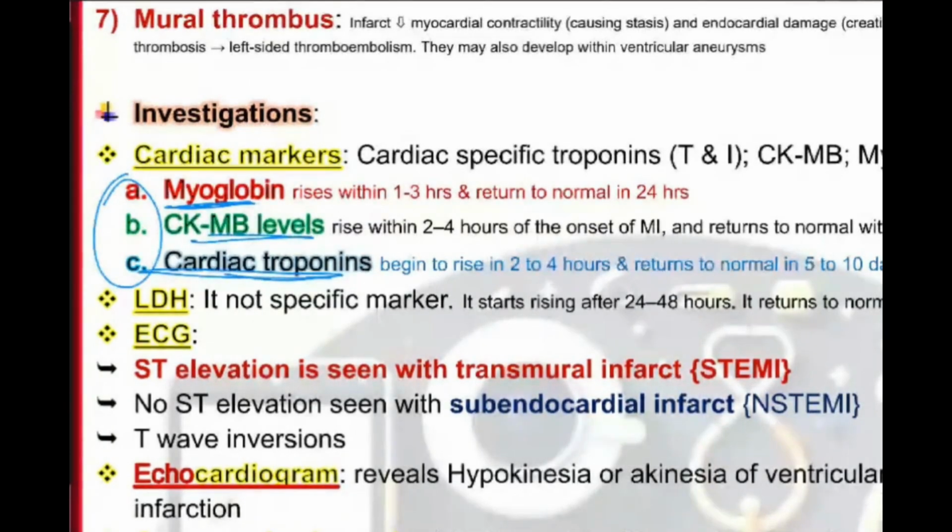Among these, which is the earliest to rise? Myoglobin is the earliest to rise and most sensitive, but it is not specific. Which is the most specific? Cardiac troponins. That's why we do the troponin test. So these are the markers. LDH also can rise, but it is not a specific marker.